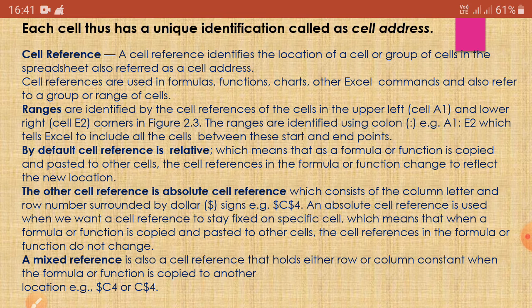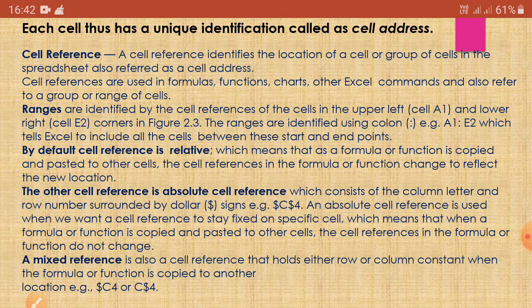The other cell reference is absolute cell reference, which consists of the column letter and row number surrounded by $ sign. Got it? So basically we write the address of any cell using the column letter and then the row number. But if we use $ sign, then it is known as the cell reference.